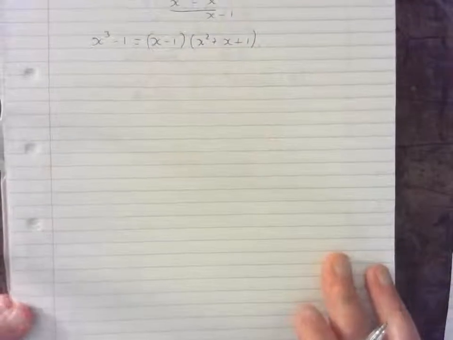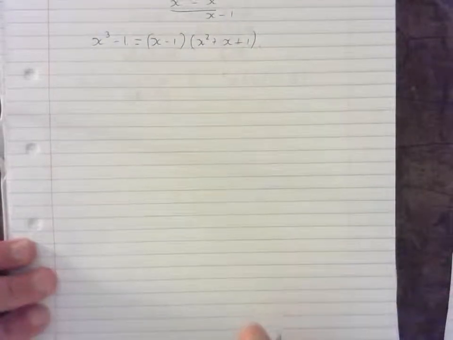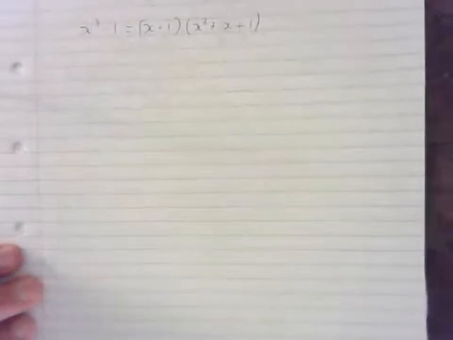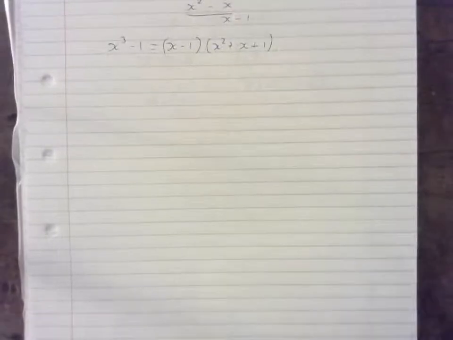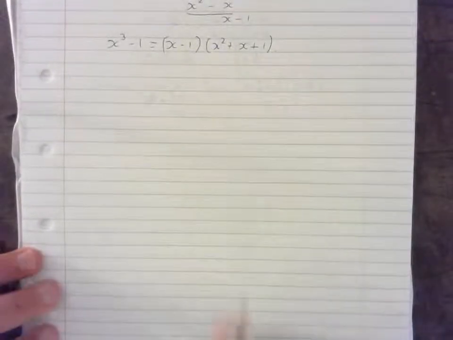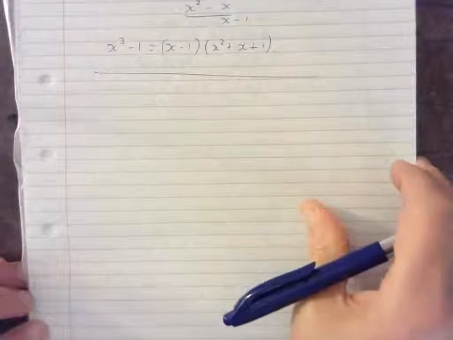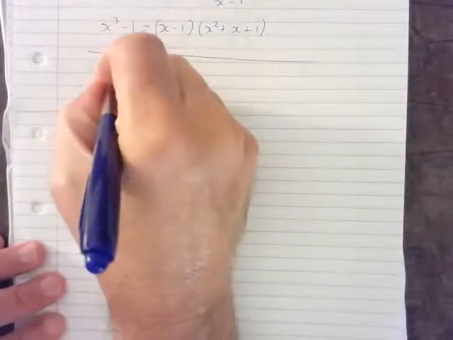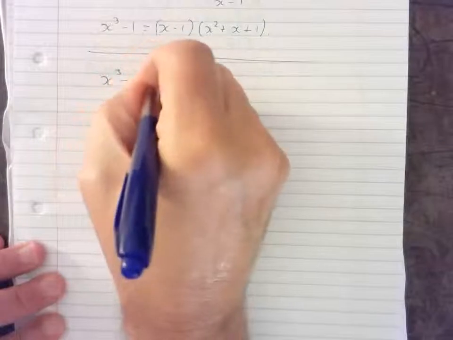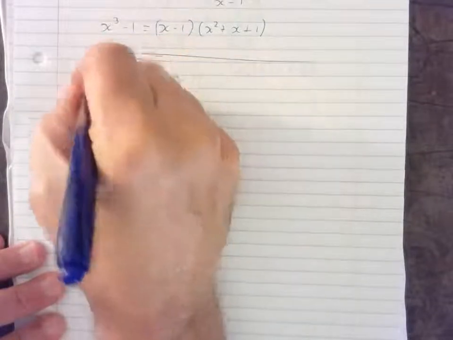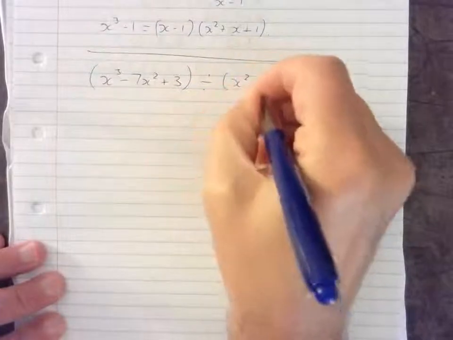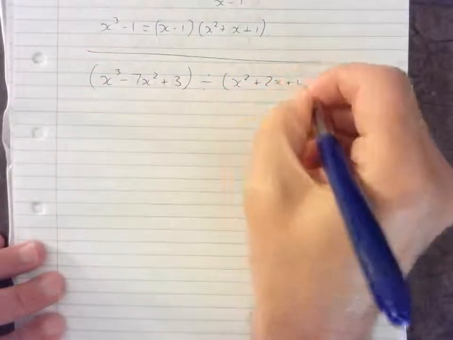Just doing one other one. Let's look at x cubed minus 7x squared plus 3, and we'll divide that by x squared plus 2x plus 1.